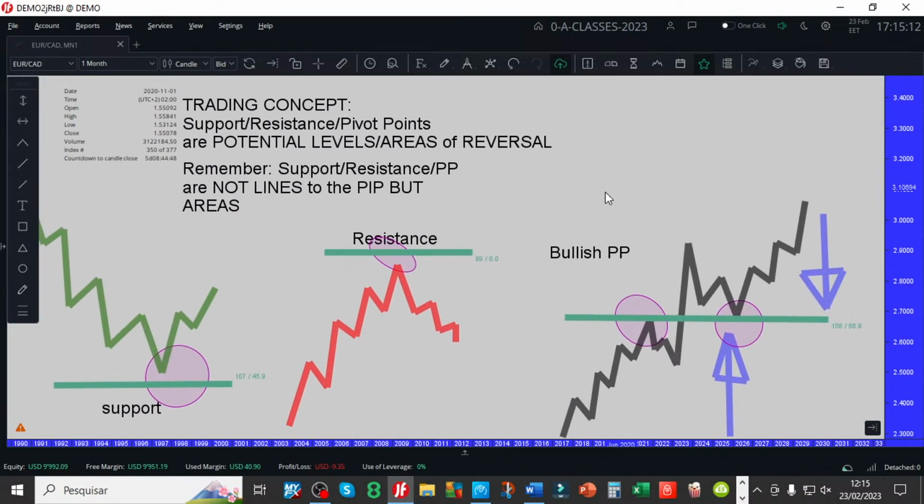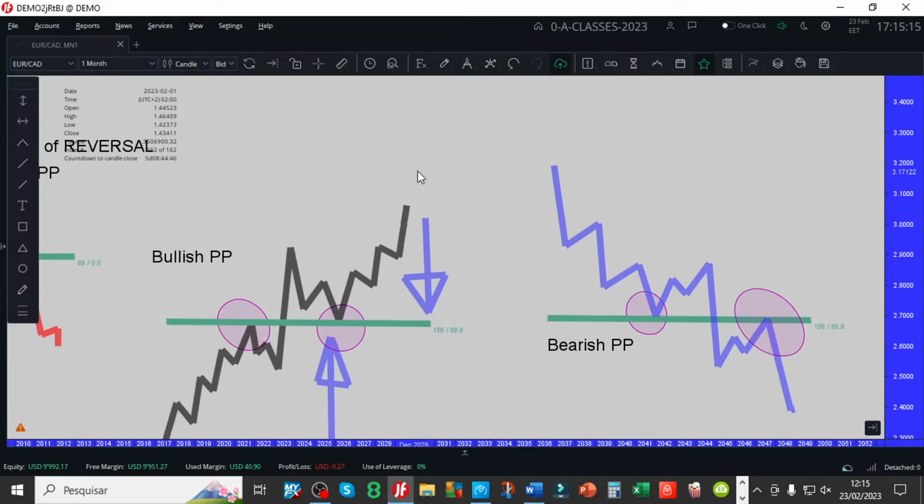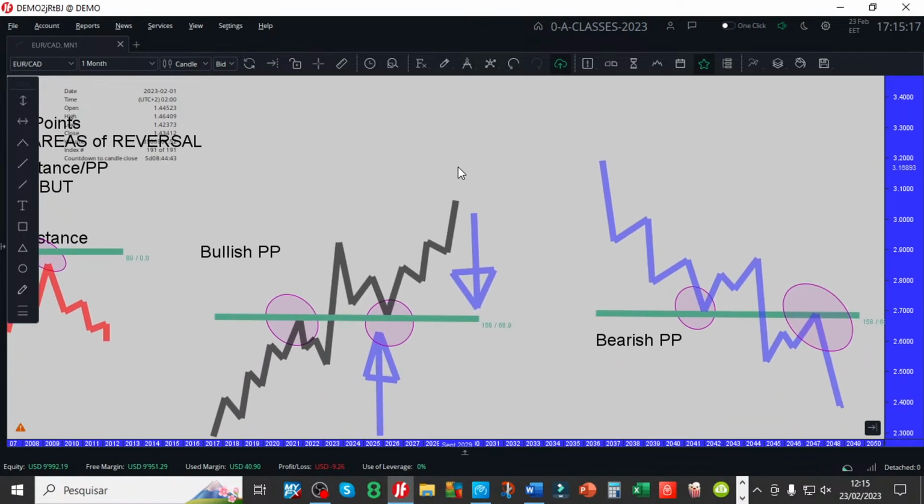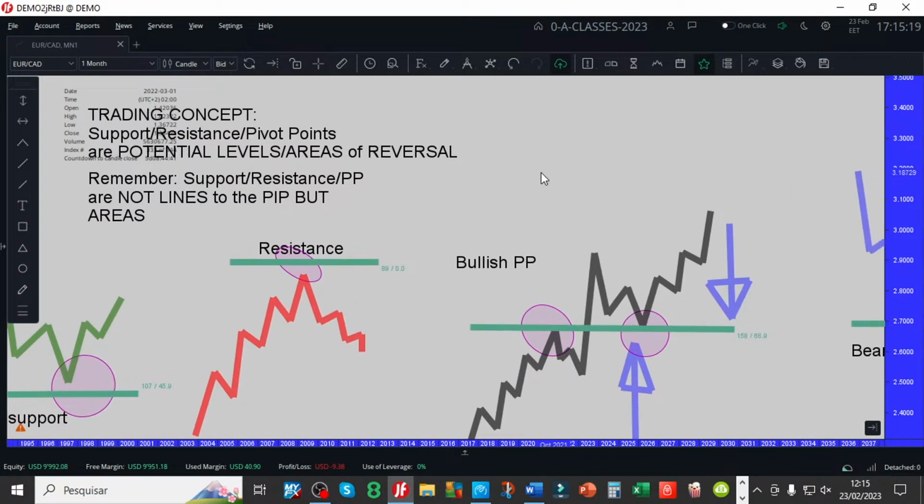Alright, okay, now moving forward. Now with the chart, well, it's a charting trading concept.